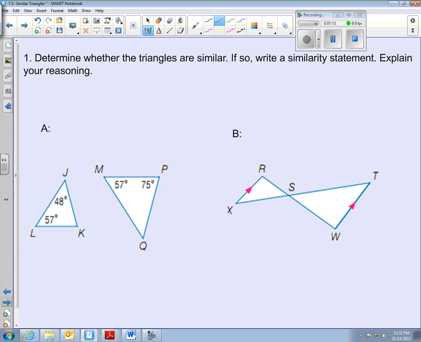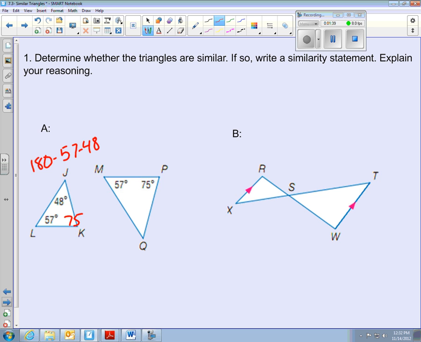So let's put that to use here for problem 1. Determine whether the triangles are similar. If so, write a similarity statement and explain your reasoning. Hint, our reasoning should be easy because we only have one angle similarity statement. All right, so looking at our first one, we see two angles in both triangles, and we can find the third one by taking 180 and subtracting the other two.